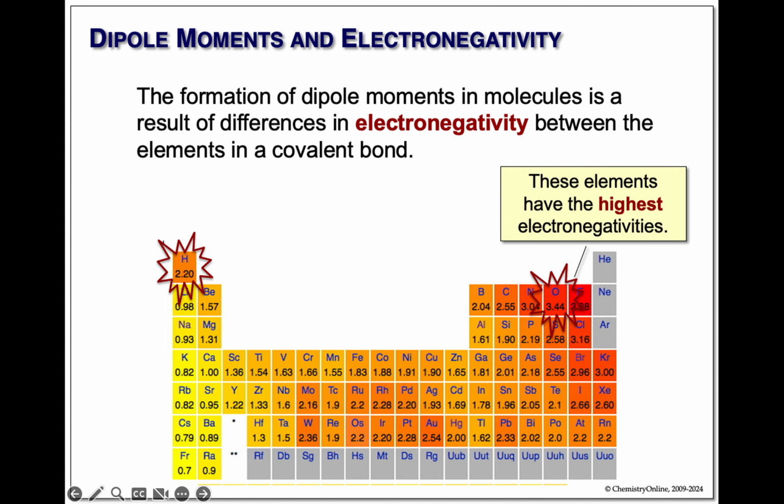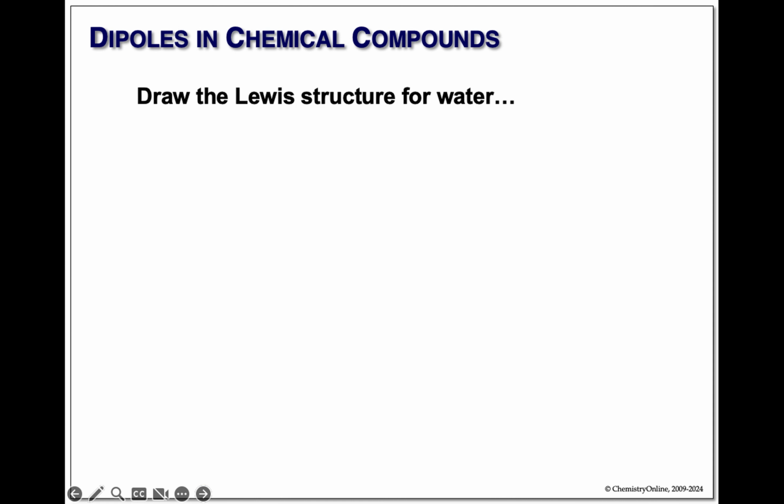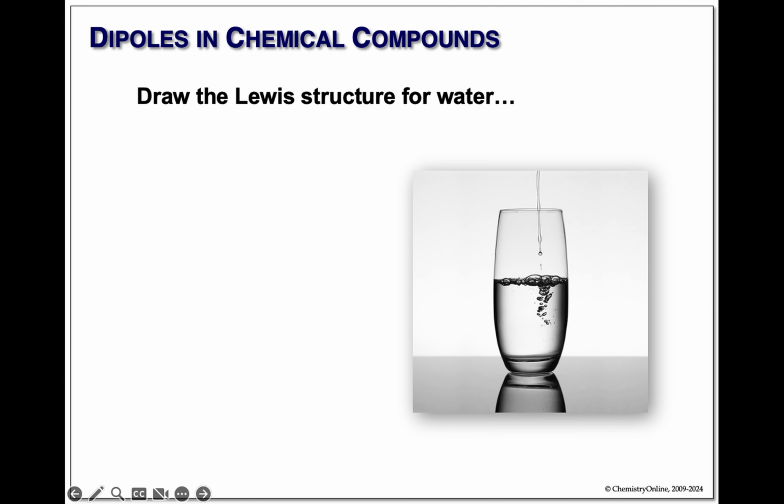So let's see the effect electronegativity has here. Let's start off with the Lewis structure for water. Oxygen is here in group 6, so 6 valence electrons. Hydrogen group 1, we have 2 unpaired electrons. We'll simply stick them in like this.